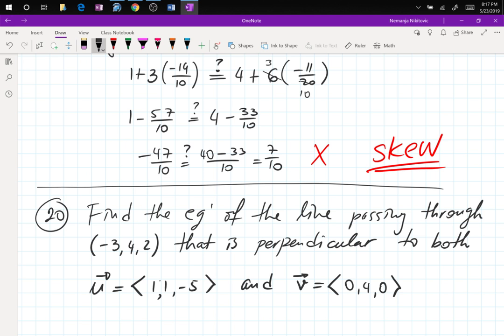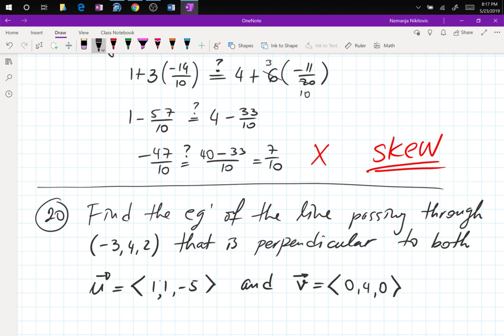The cross product? Cross product of what? Between what? Of you and me to get a vector that is perpendicular and then have that vector pass through that point. Excellent.